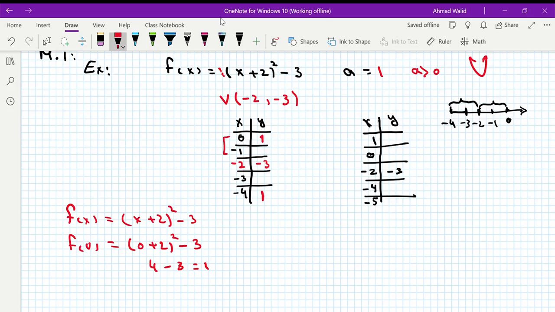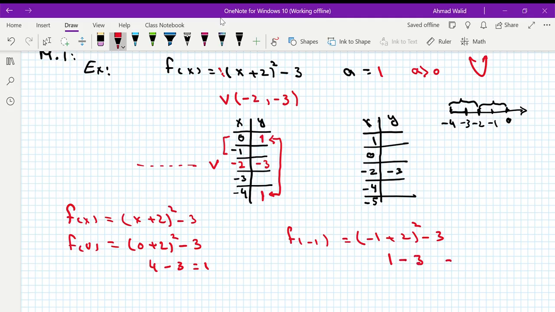Why? Because look, -2 and -3 was your vertex. And here you have the axis of symmetry. Any 2 points around the axis of symmetry, they should have the same y. Correct? It means this one and this one are always symmetric with each other. This value and this value. Now, plug in -1. F of -1 equals (-1 plus 2) squared minus 3. -1 plus 2 gives you 1. 1 squared is 1.